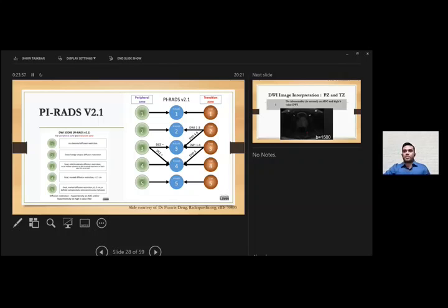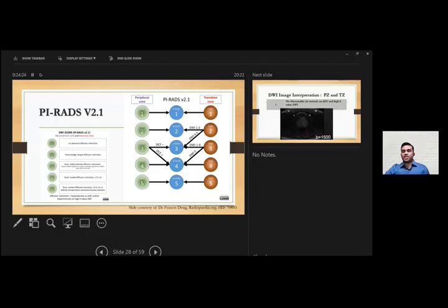the dynamic contrast enhanced positivity. If a peripheral zone lesion which has a DWI score of 3 shows positive contrast enhancement, that lesion grade is bumped up to 4. Whereas in the transitional zone, T2 is the most important sequence that we have to assess, followed by diffusion.